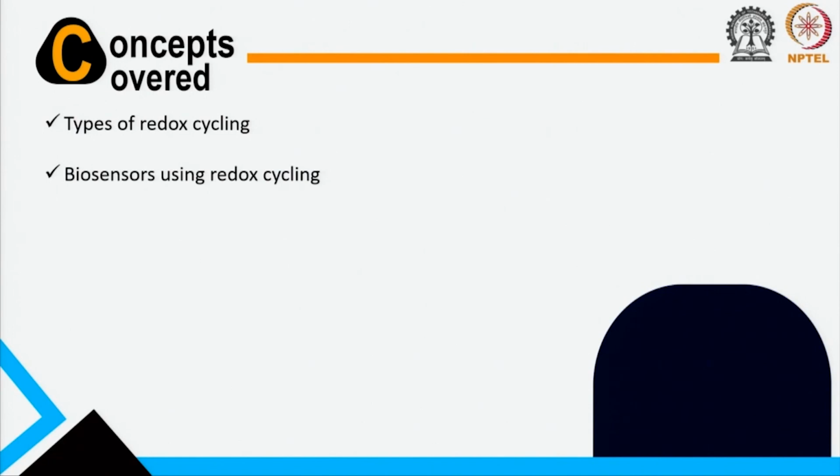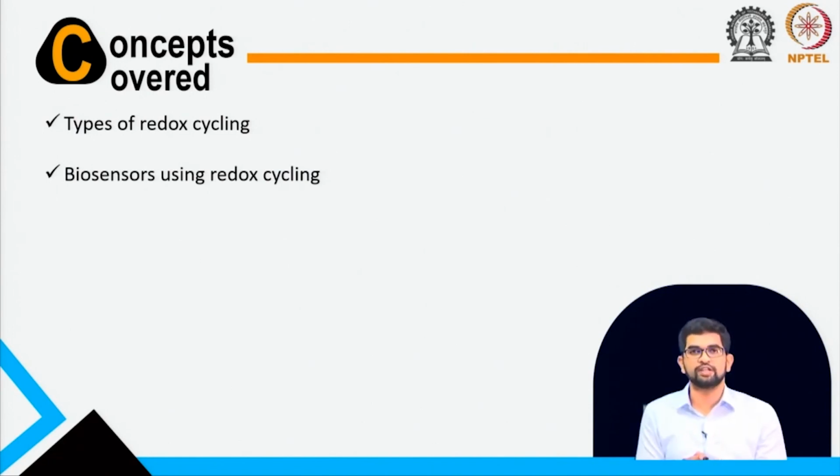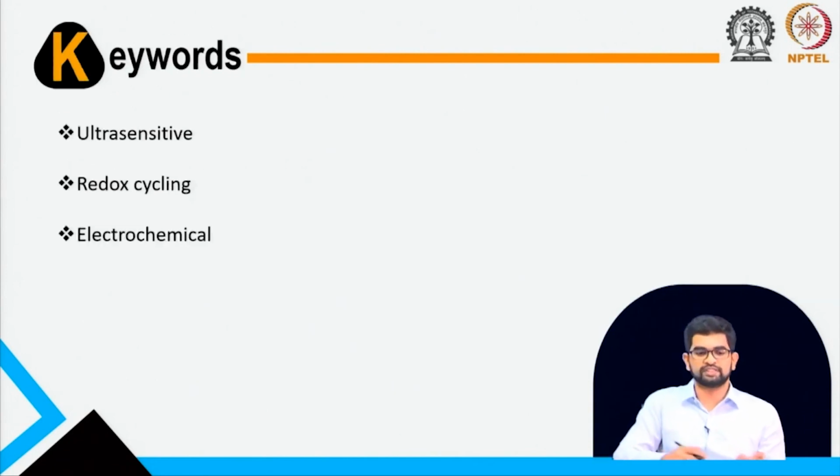That's why today I will focus on the types of redox cycling, and then some biosensors where we can use this kind of redox cycling. The main topic of all these classes is ultrasensitive biosensor development using redox cycling, and this is mainly electrochemical, although we are also using chemical. Now I will tell you their story.